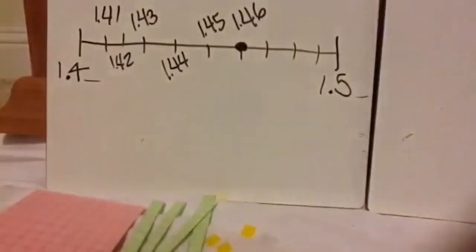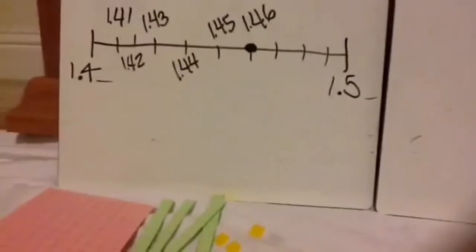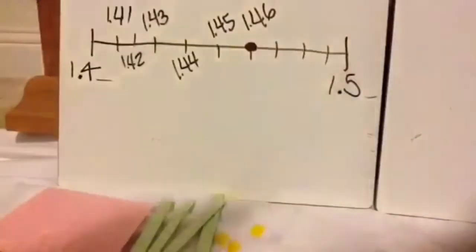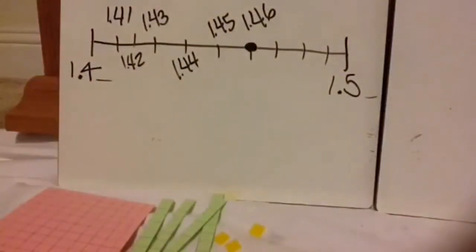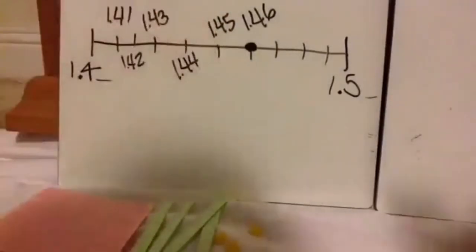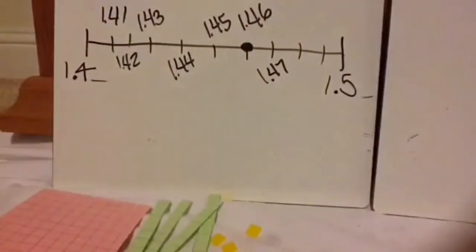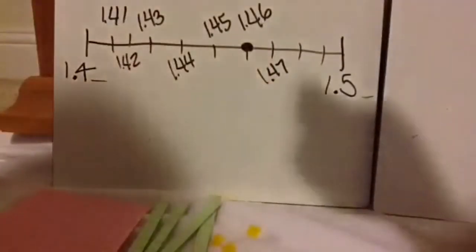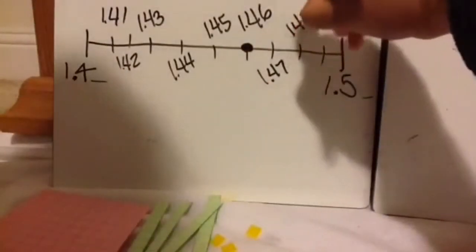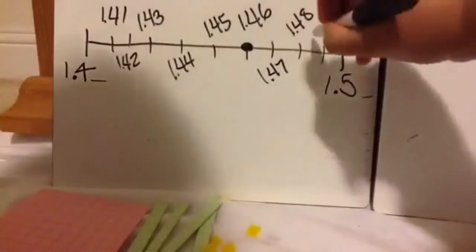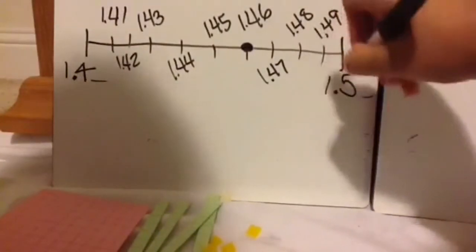Now, here's where I really want you to understand that even if you get the answer, it's important to fill out the entire number line. So then one more, 1 and 47 hundredths. One more, 1 and 48 hundredths. One more, 1 and 49 hundredths.